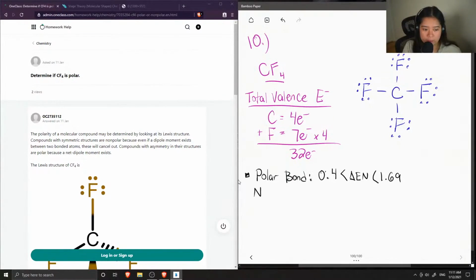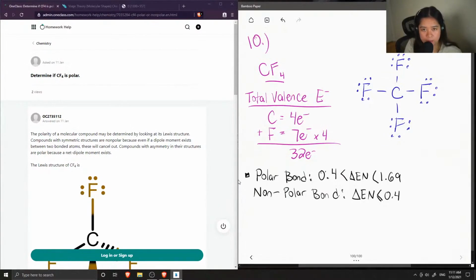And a nonpolar bond is when the electronegativity difference is less than or equal to 0.4.